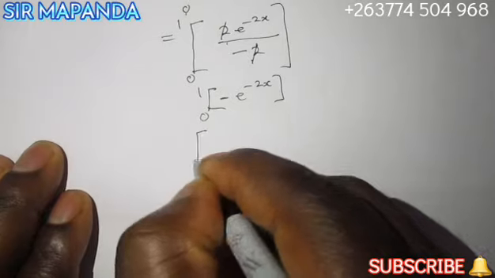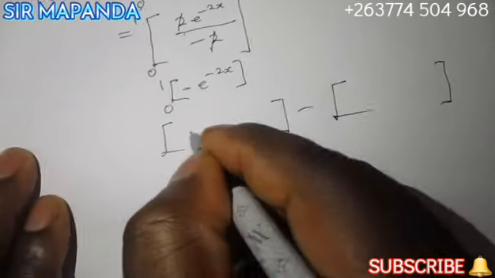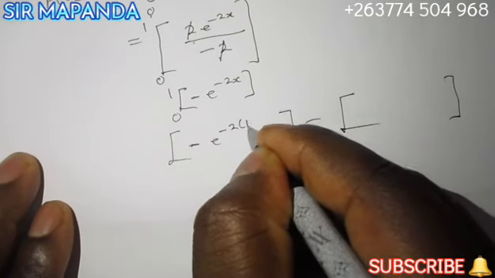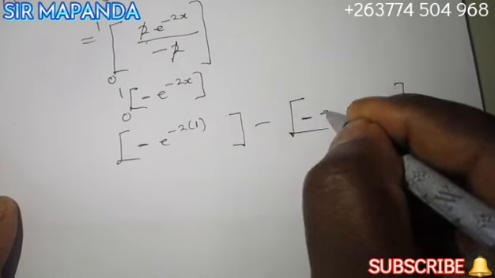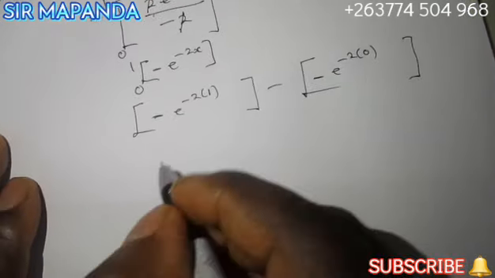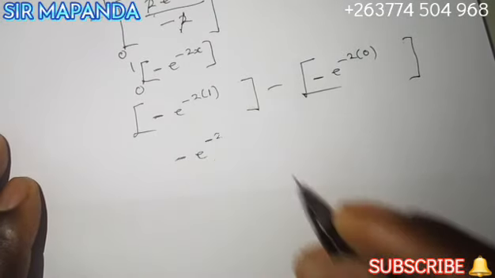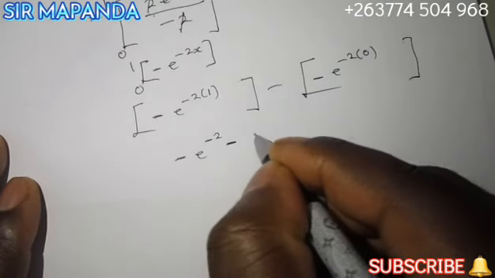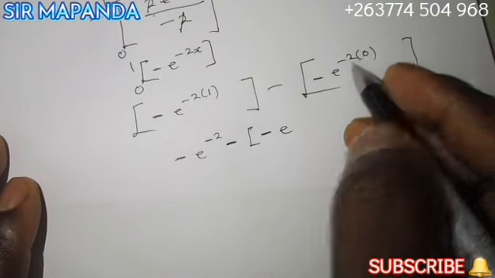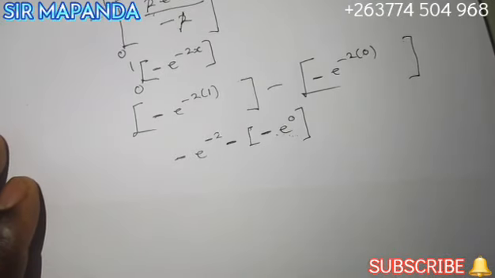Then you say bracket minus bracket. We now have minus e to the power of minus 2, open bracket, put 1 on x, minus, minus e to the power of minus 2, open bracket, put 0 on x. So here you get negative e to the power of minus 2 minus negative e to the power of 0, which is as good as minus 1, right?